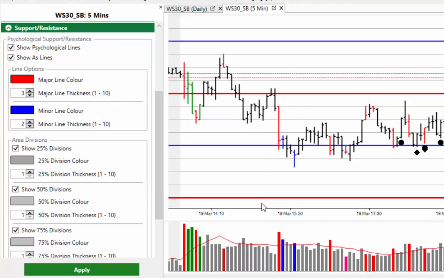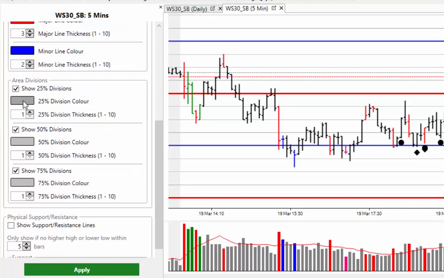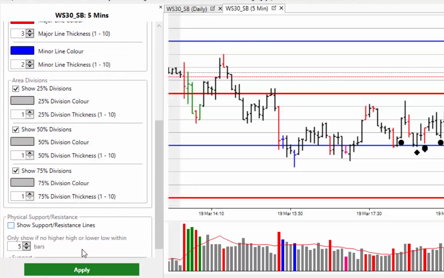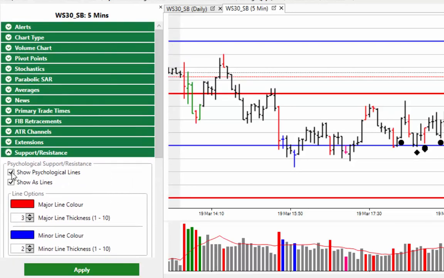That way I can see that the red ones are the major, and I should be alerted to the fact that the market could find support, and then the minor ones in blue there. So that's the color scheme for that. So red for major, blue for minor, and then the other ones I've just got as a simple grey. I've just changed that to grey there. So they should be the default colors for yourself when the software is released though.